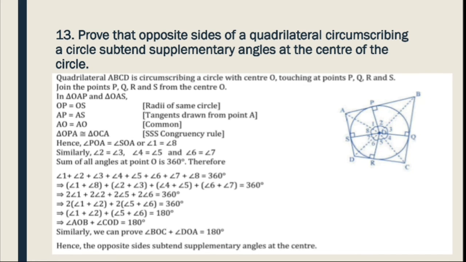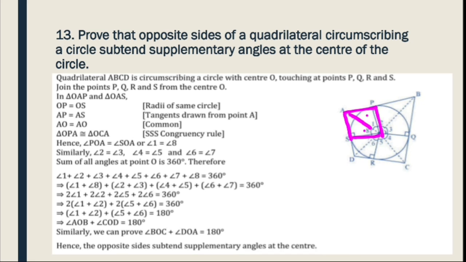Okay. Now if you take triangle OAP and triangle OPS, if you take these consecutive triangles, you can say that OA is the common side, OS is equal to OP. Why? Because they are the radius of the circle. And AP is equal to AS.